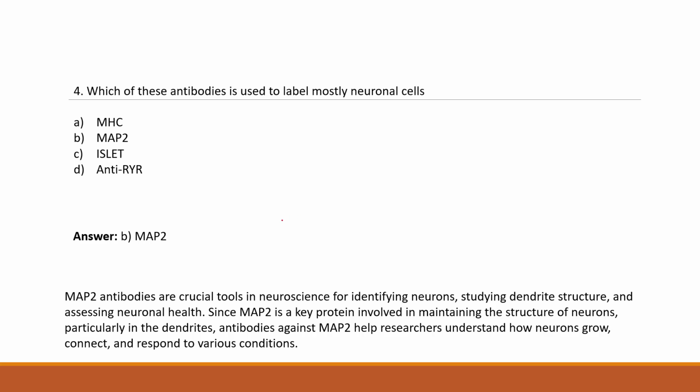Like I told you, your dendrites help in signal transmission, and in maintaining that particular shape and the storage of your information, in your pyramidal cells especially. So they help in knowing how the cells are branching out, how they are connecting to different cells, how they are transmitting the signals, and based on the signals they get, how they react. All this kind of research is done using these.